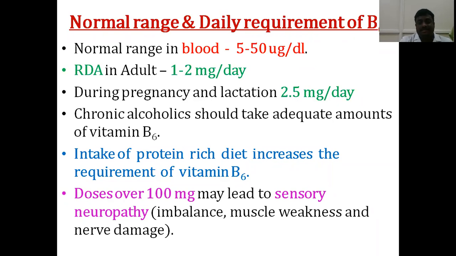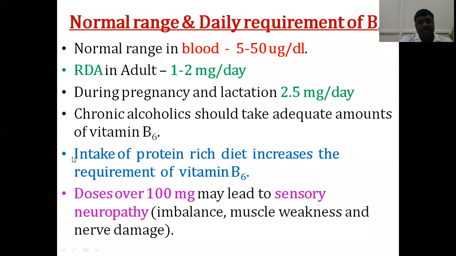Like that, chronic alcoholics also require more vitamin B6, because chronic alcoholism kills intestinal bacteria, so the formation of B6 by intestinal bacteria is greatly reduced. Chronic alcoholics have to take more external sources of vitamin B6.